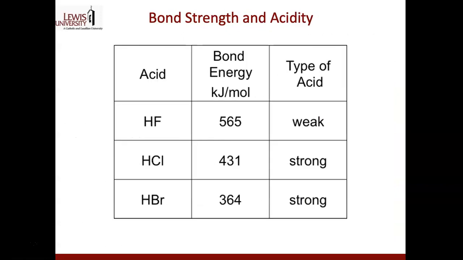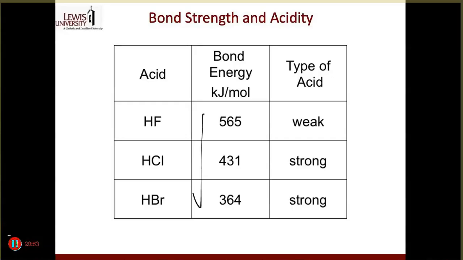All right, so here are the bond energies, just to give you an idea of this effect. And you see there's a really high bond energy with HF. So the bond is a stronger bond than something like HCl and HBr. You can see how, as you go down this group, your bond energy is decreasing, but your acid strength is increasing, right?